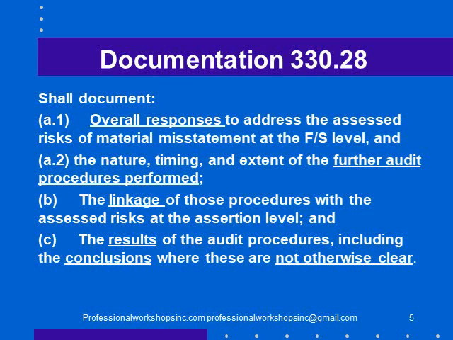B, linkage, and we'll talk about that, and results, including conclusions where these are not otherwise clear. So you don't have to document all your conclusions. 330.28 is pretty clear. Just document the results because the conclusion should be otherwise clear.